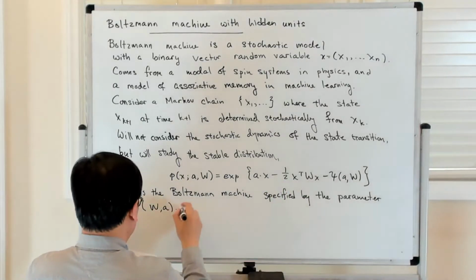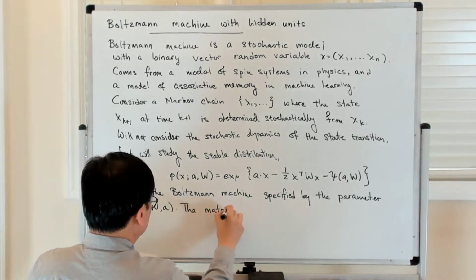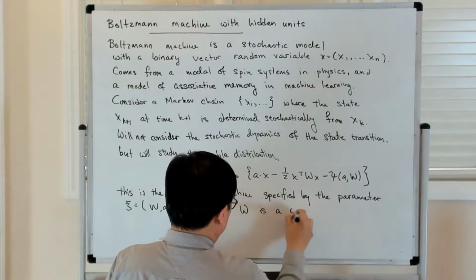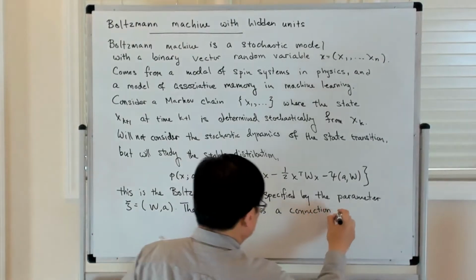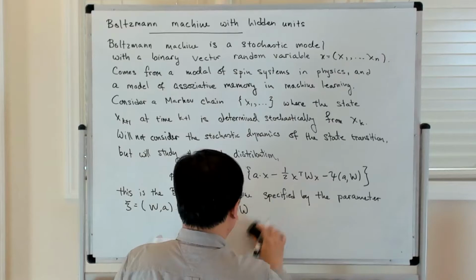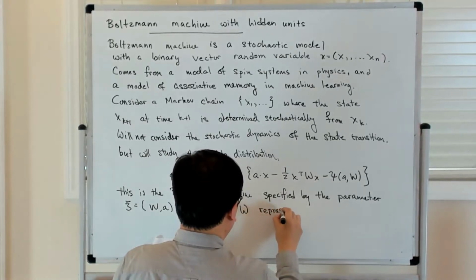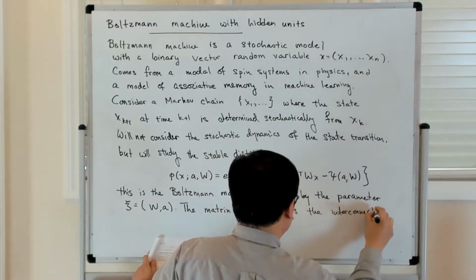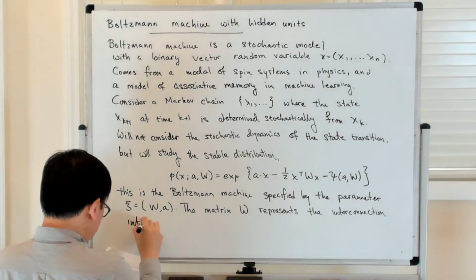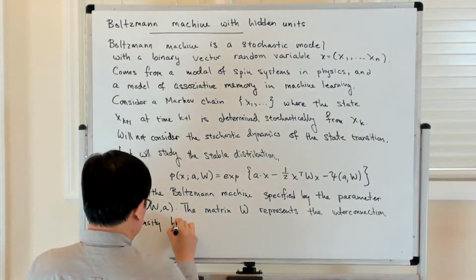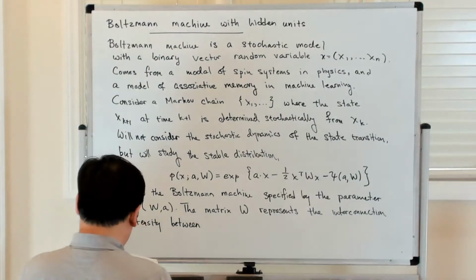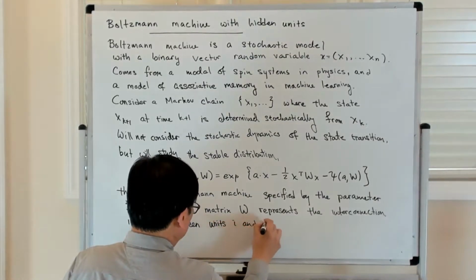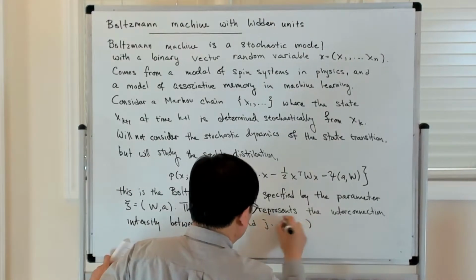The matrix W represents the interconnection intensity between units i and j, so Wij denotes that.